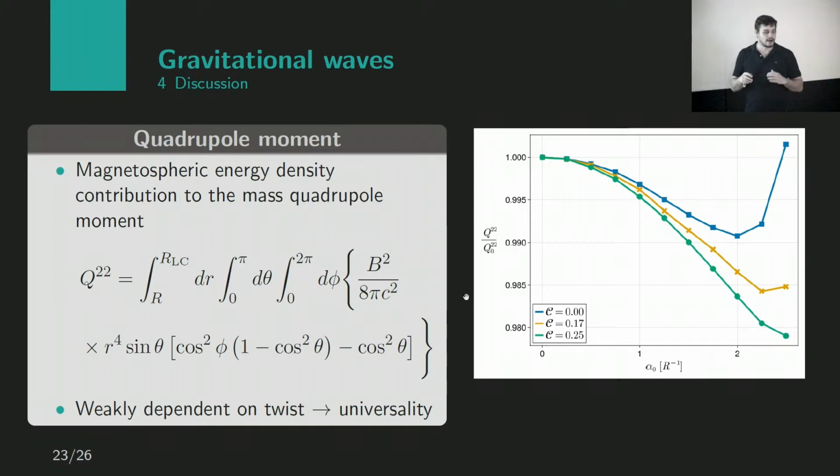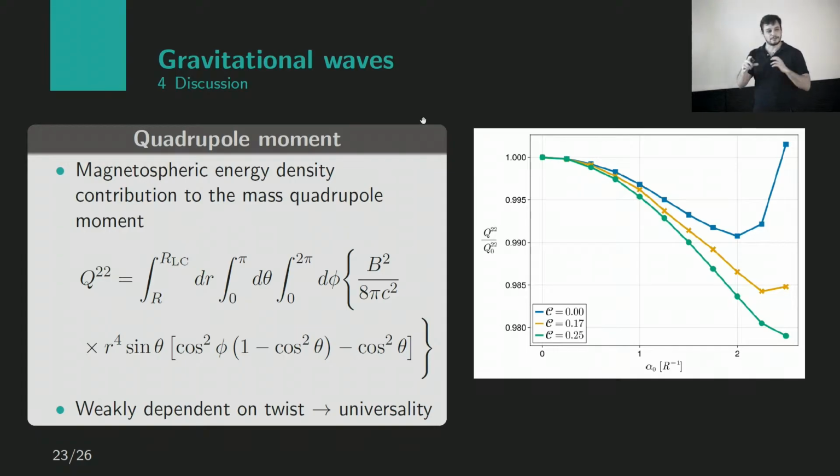Now with current gravitational wave telescopes, this is not possible to detect, but with future ones, and I think DECIGO would probably be the most appropriate one because it peaks at the rotational period of the magnetars.